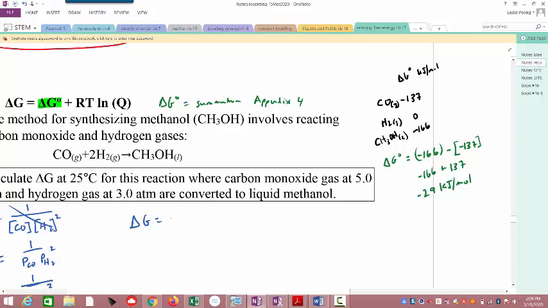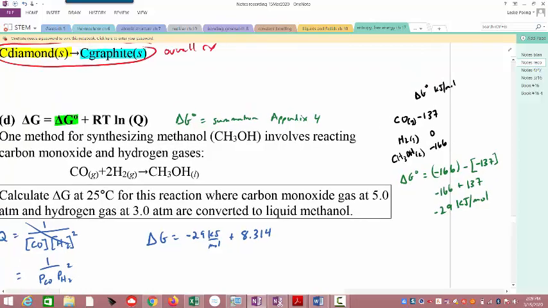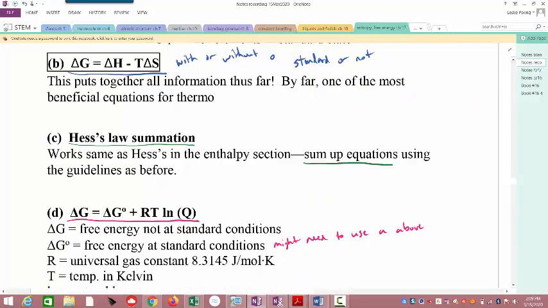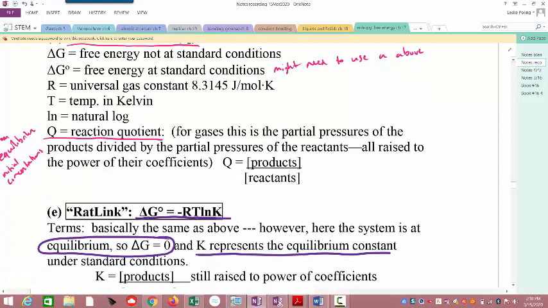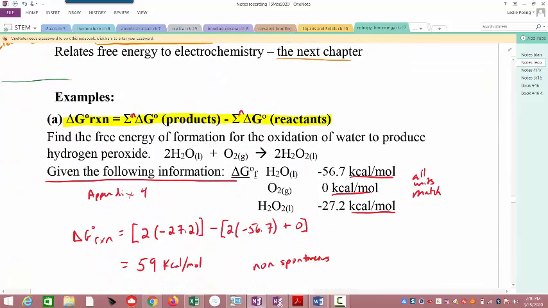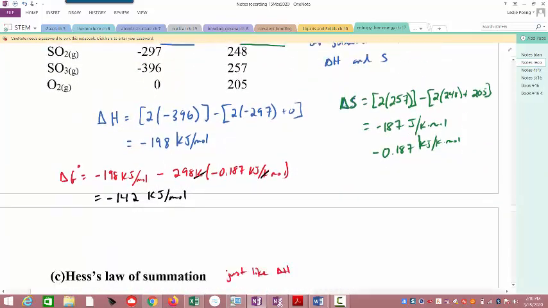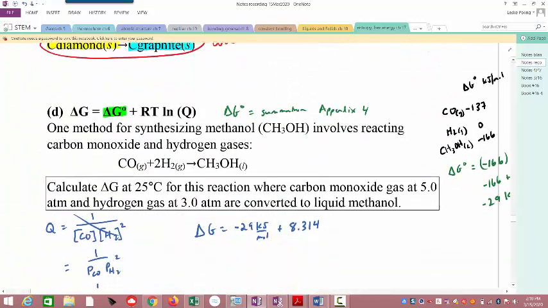So we have -29 kilojoules per mole plus 8.3145 joules per mole Kelvin. I should put the units right under the thing. Hope I'm not making you dizzy here.